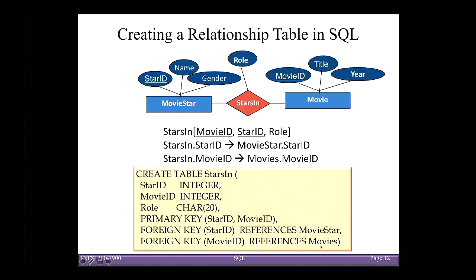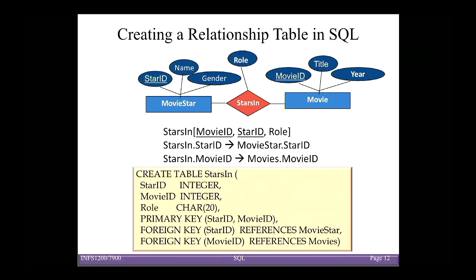Now note that when I'm referencing movie star, I actually don't need to say what in movie star. Like I don't need to say it's star ID. Why is it not necessary to define what attribute in movie star I'm referencing for my foreign key? You can only reference a primary key, right? There's no ambiguity there.